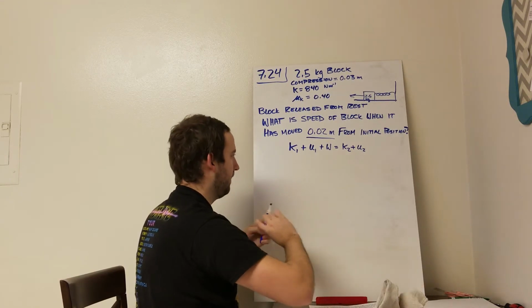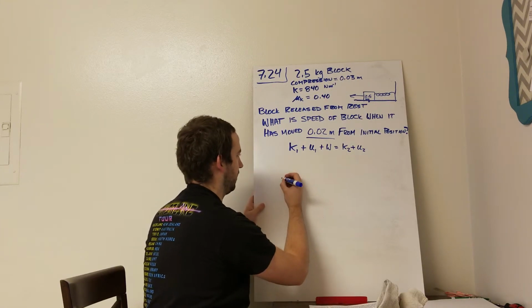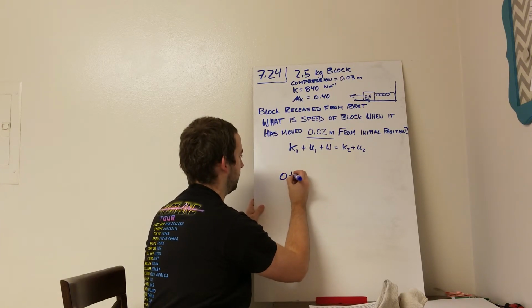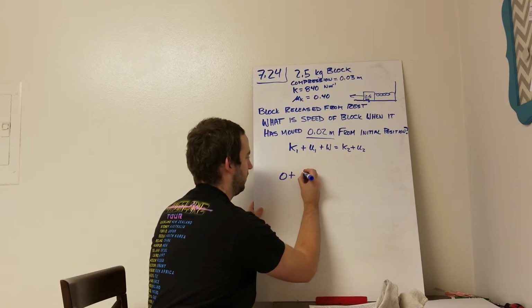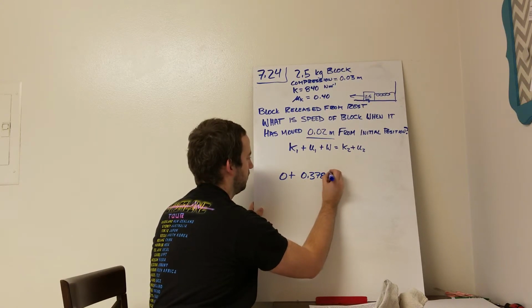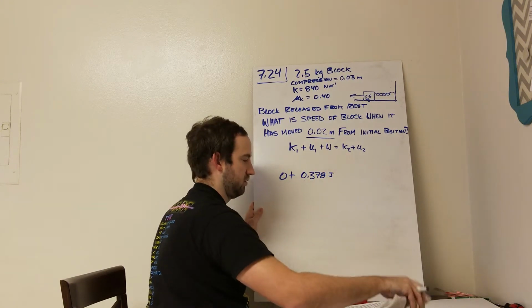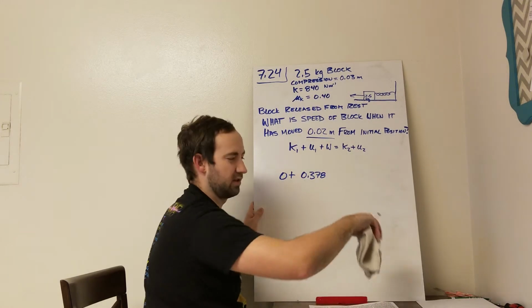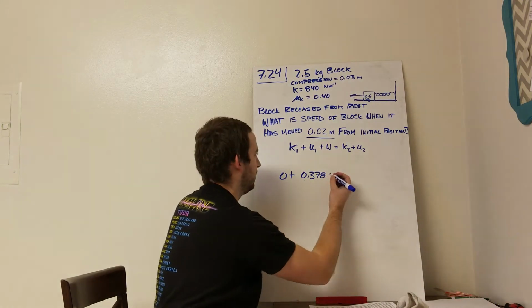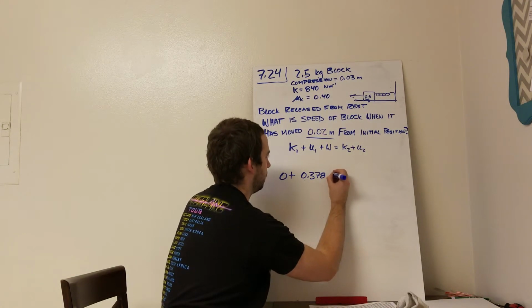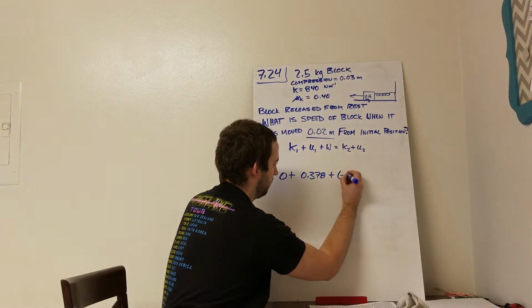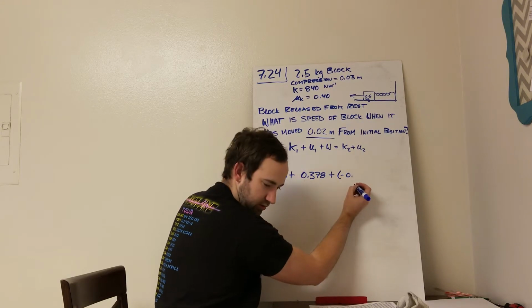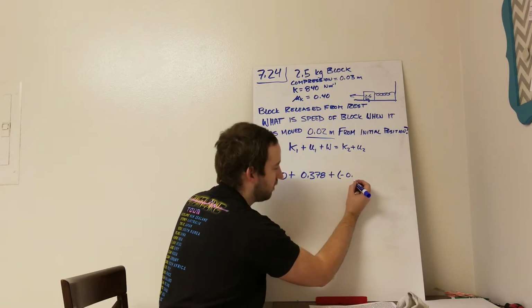So once again, initial kinetic energy 0 plus 0.378, I'll leave the joules off. Sometimes I get those confused for numbers. And then the work is going to be the negative 0.196.